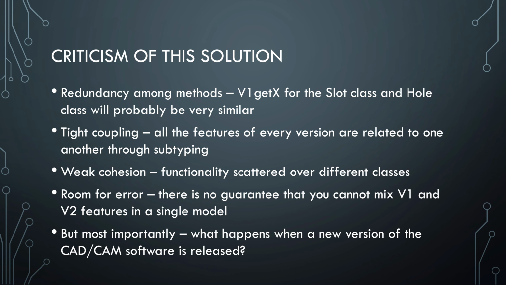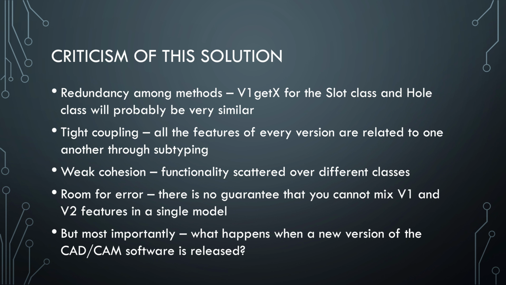There are some disadvantages to this solution. Some features will be very much alike, so you will probably end up copying a lot of code. There's tight coupling, because there is a complicated structure of types that the different versions interact with.